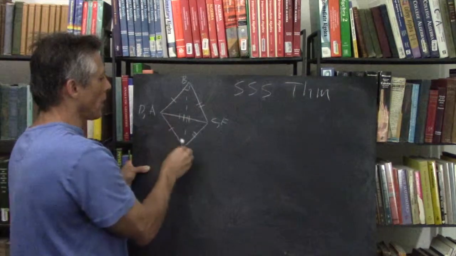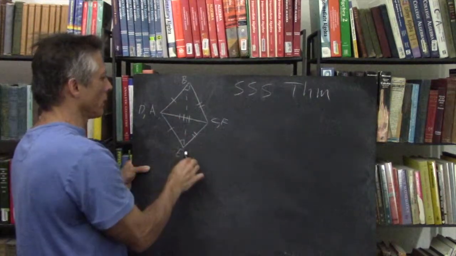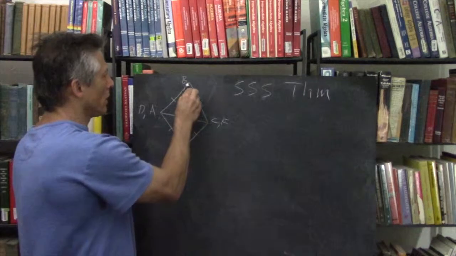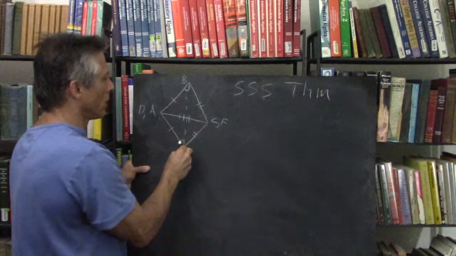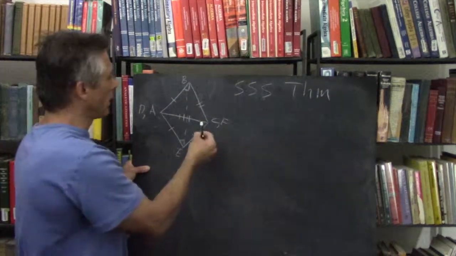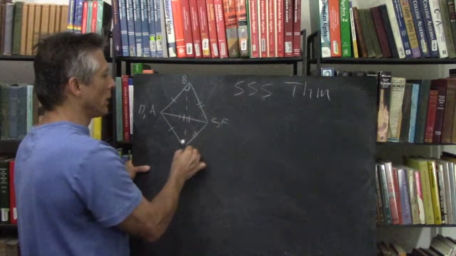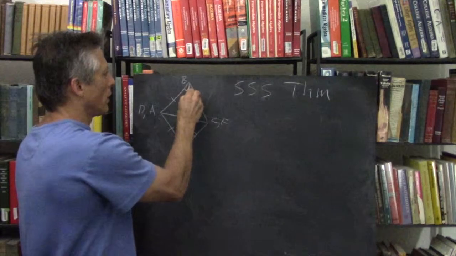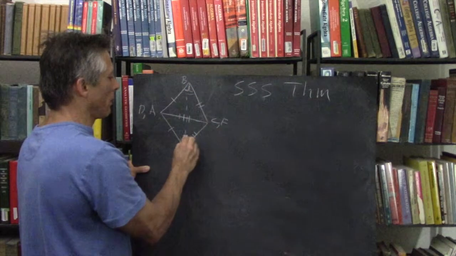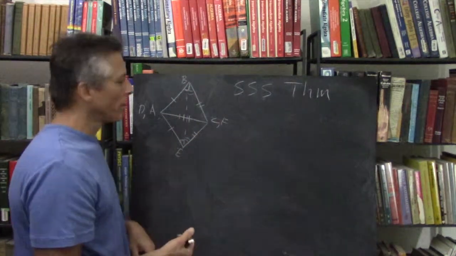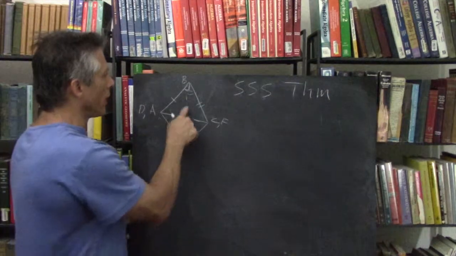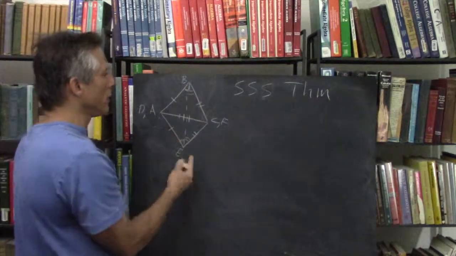See our isosceles triangle, two sides are congruent, and then this little angle in here is this one. But on the other side, it's the same thing. Here's an isosceles, because these sides are congruent, and therefore these base angles are the same. But if we add these two together, then angle B is equal to angle E.